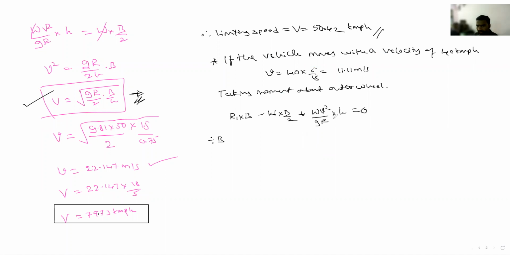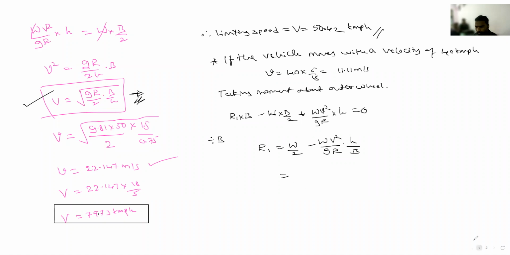So B will become the denominator. So I will take R1 here. R1 is equal to, I will transfer this to the other side, R1 is equal to W divided by 2 minus W V square divided by G R into H by B. Is it correct? Yes.